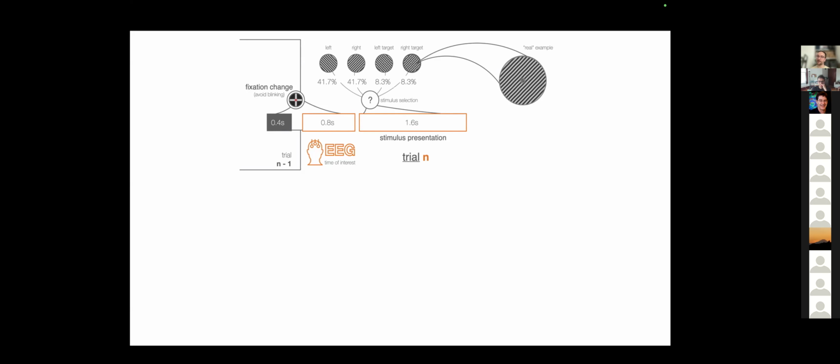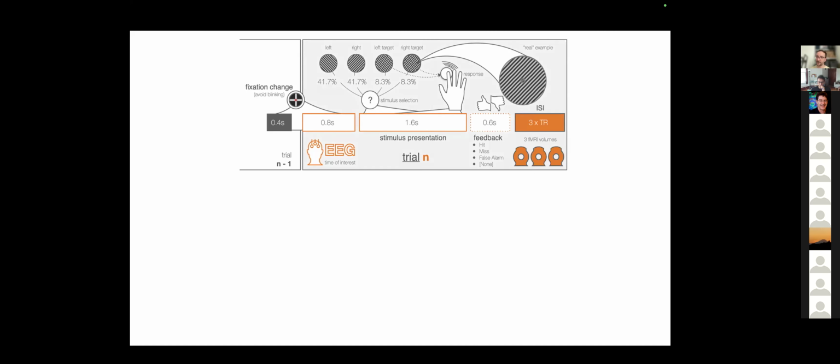But then there's also a real-life example of how this would look to the subjects. During this 1.6 seconds, the subject would respond as fast as they could. And after this 1.6 seconds, there was the feedback period where they would either receive hit or miss feedback, or false alarm feedback, or in case of a correct rejection, it would just be another pause of 0.6 seconds.